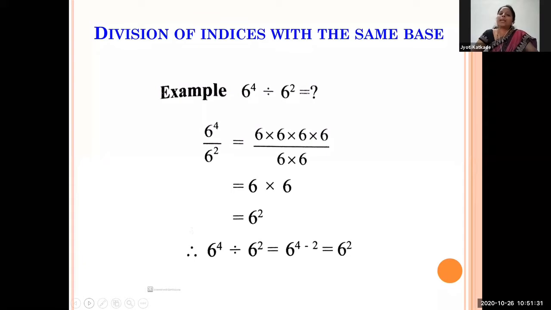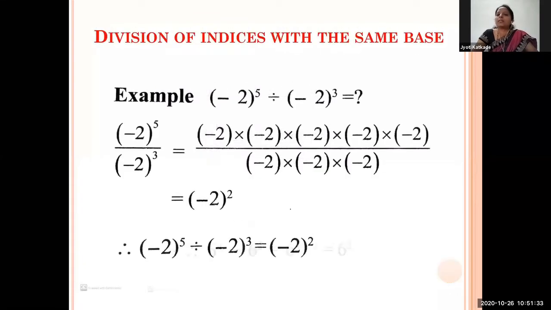See next example. Depending upon this division of indices, that is minus 2 raised to 5 divided by minus 2 raised to 3. Here base is minus 2 and powers are 5 and 3. Now minus 2 raised to 5 means take multiplication of minus 2 5 times.